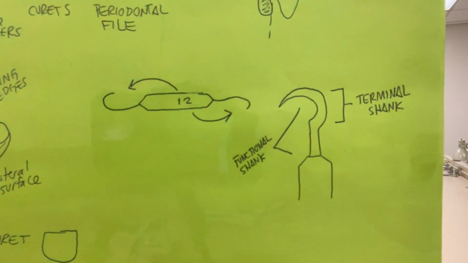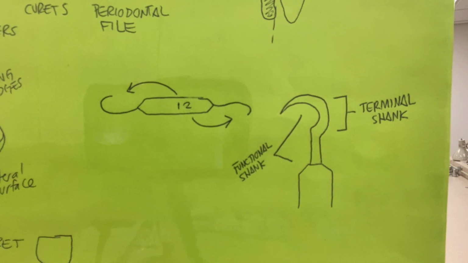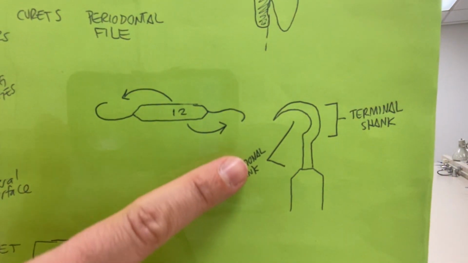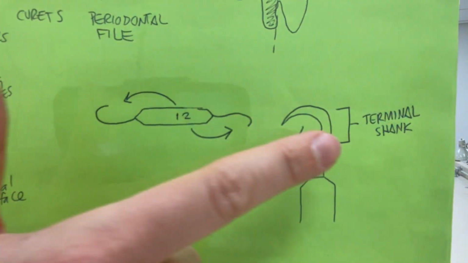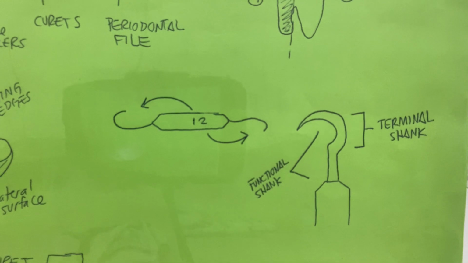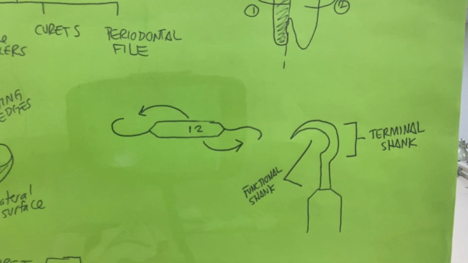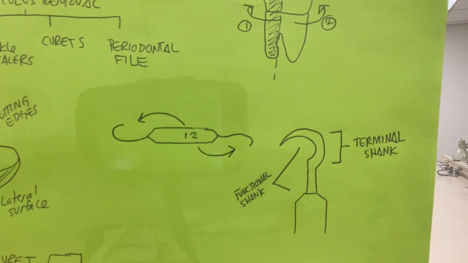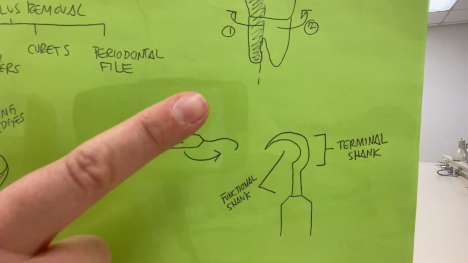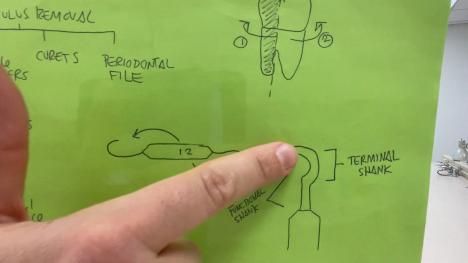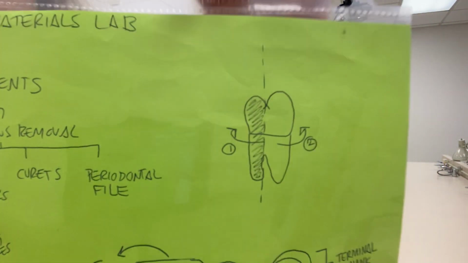Then, let's see here, what you've talked about already with Explorers is a functional shank and a terminal shank. So we've got a long shank here, but then this terminal shank is quite often what we're worried about whenever we're trying to use the correct working end, but then also adapt correctly. So you're going to hear us say a lot about this terminal shank, and it's just that little portion of the shank before you get to the working blade part.